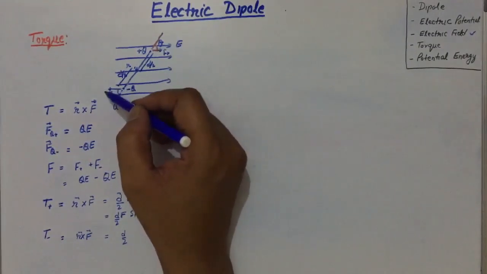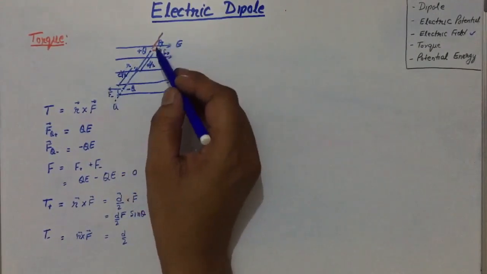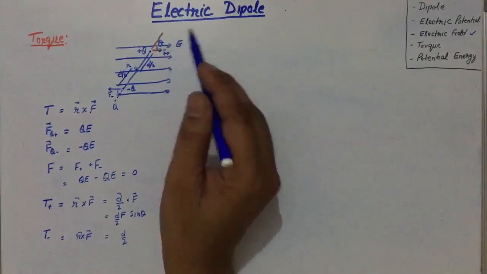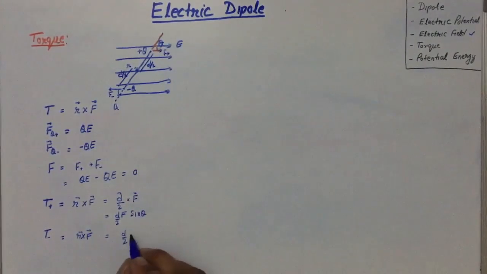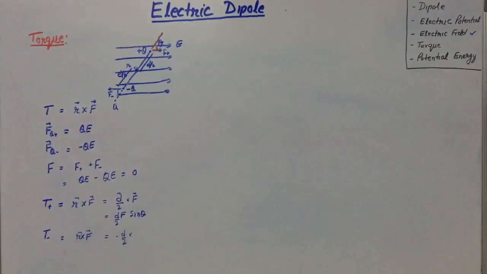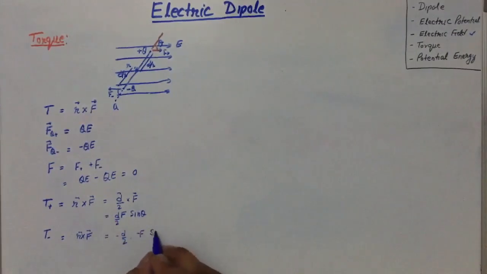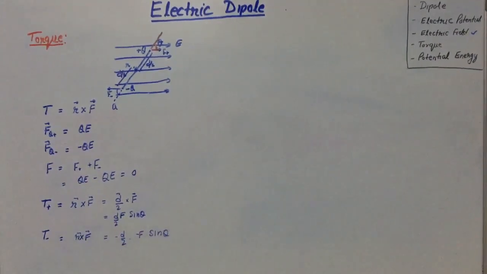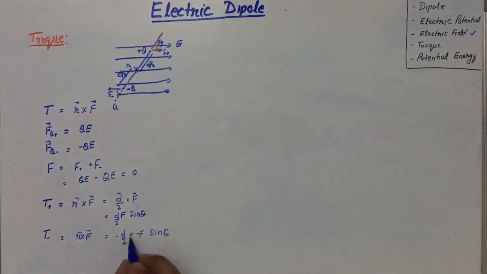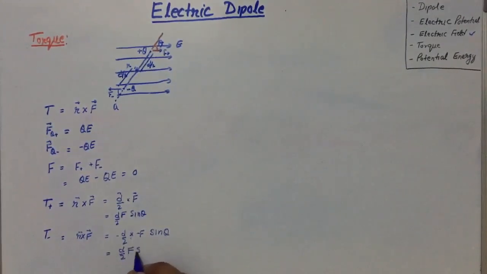F is also considered negative here because we have considered F in this direction as positive. So it is minus R, minus F, and it will be sine theta. So it will give us d by 2 F sine theta.